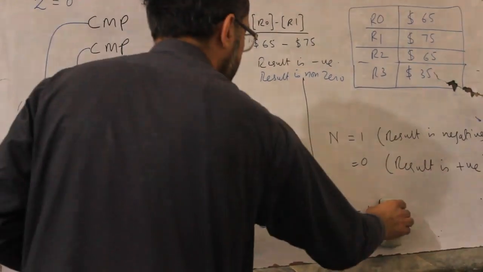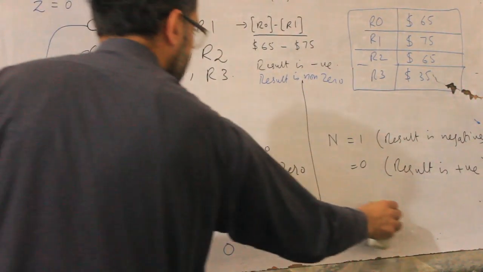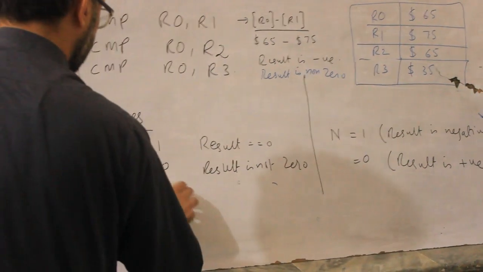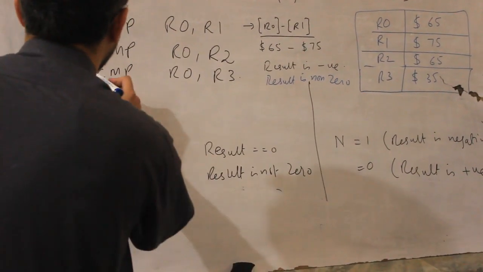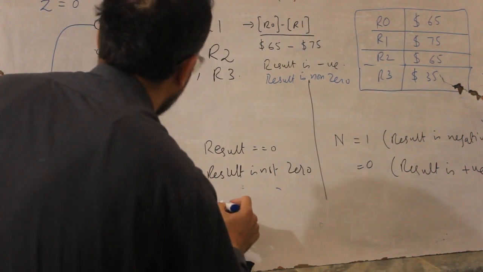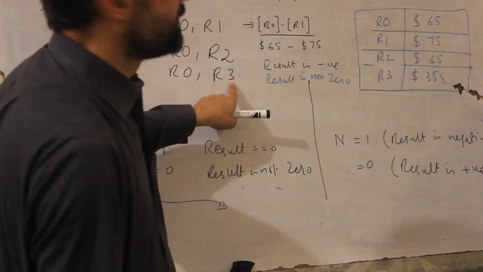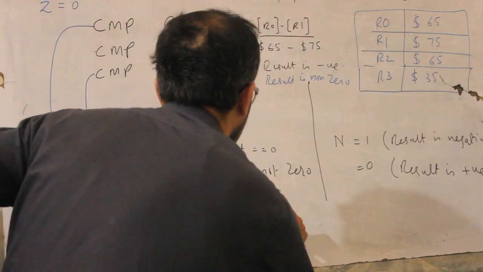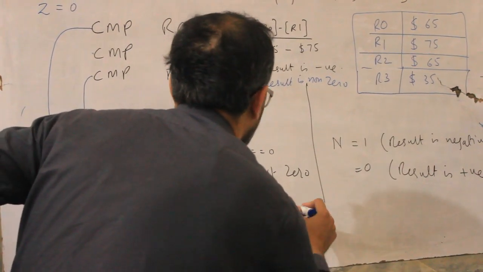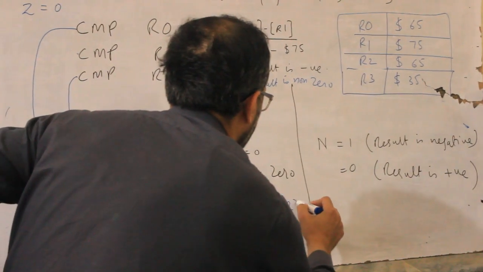Now we evaluate another example. We are comparing R0 and R3, so we will compute R0 minus the content of R3.